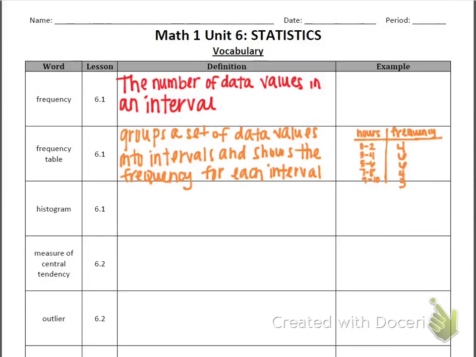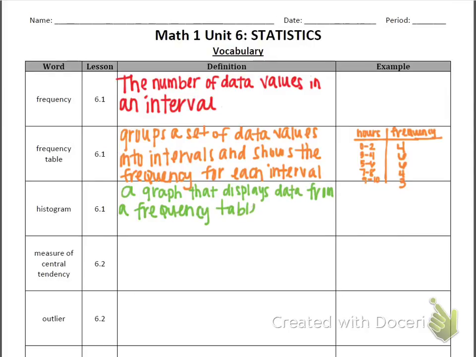So a histogram is just a graph that displays data from a frequency table. A histogram kind of looks like a bar graph.